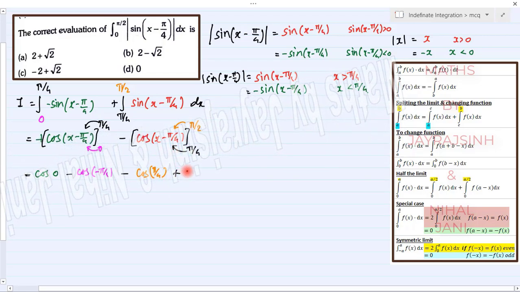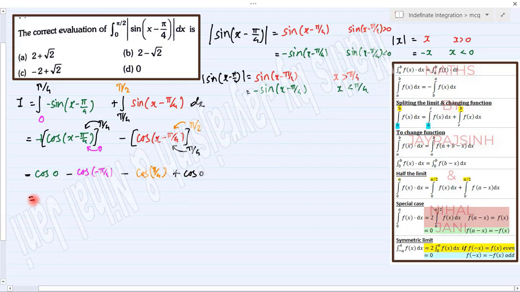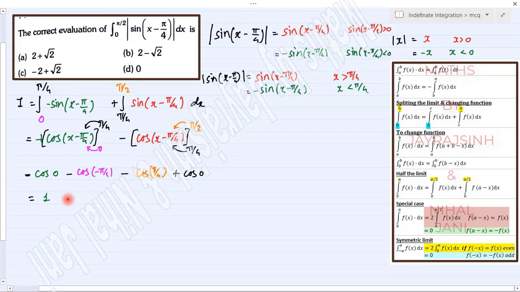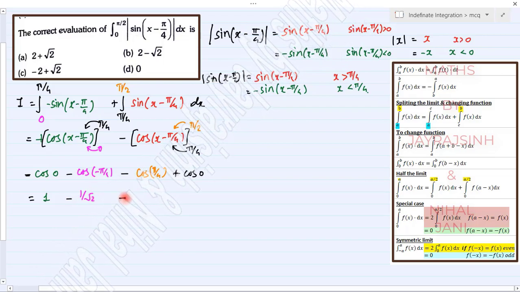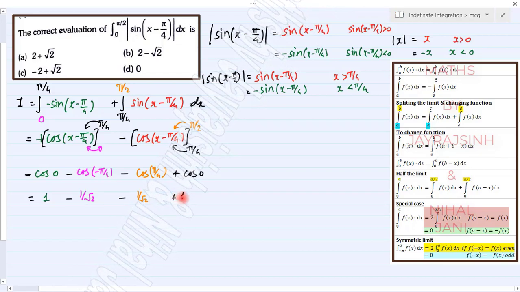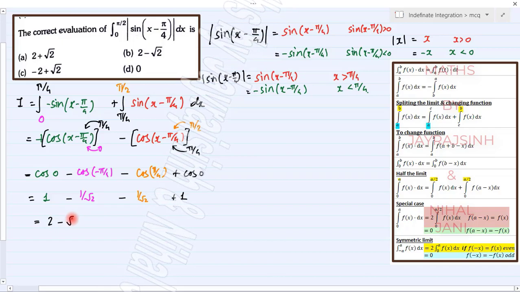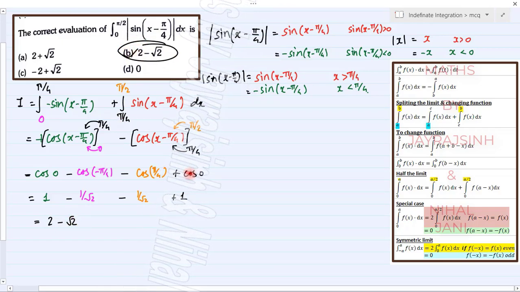From the lower limit, we will get cos 0. So cos 0 will be 1, cos(−π/4) will be 1/√2, minus 1/√2, and plus 1. So here we'll get 2 − 2/√2, or we can say √2, which is given in option B. Ta-da!